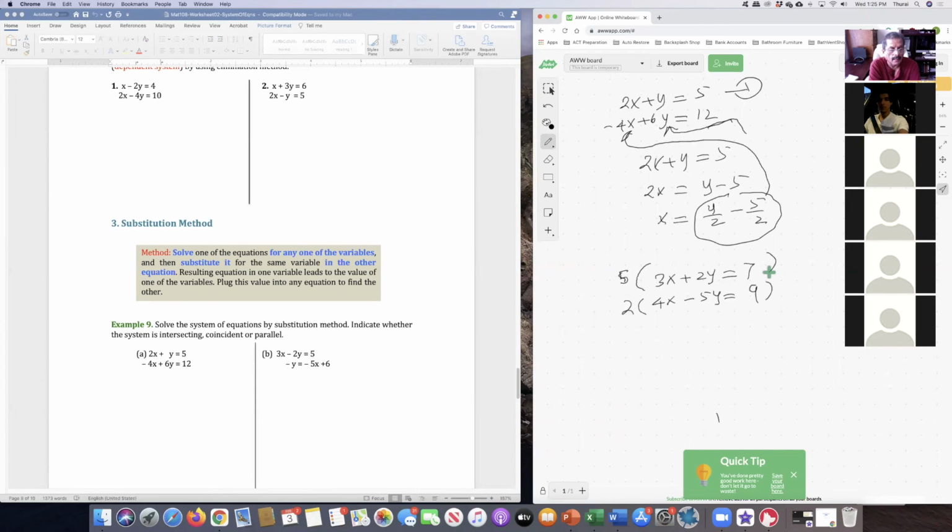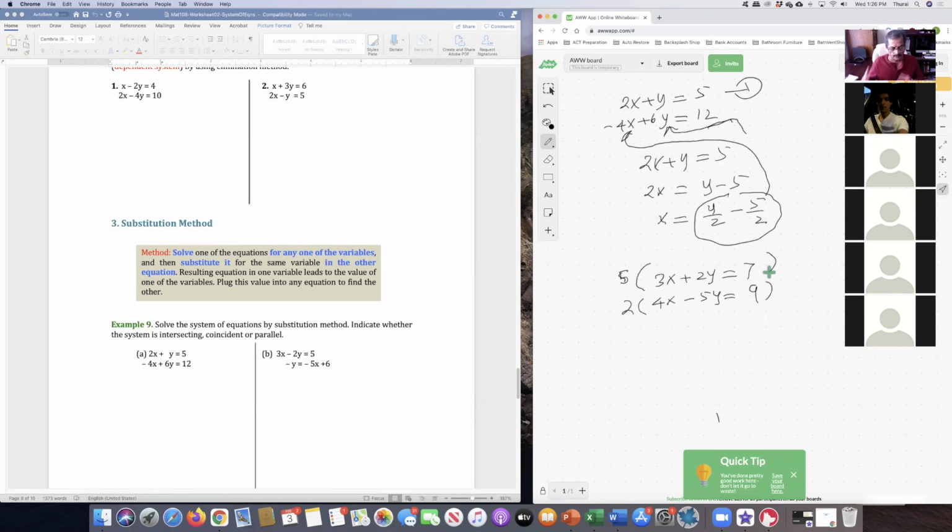So you use the substitution method only if it is convenient, if you have the choice. Some problems may tell you to use the elimination method. In my normal classroom exams, I do give you such problems.